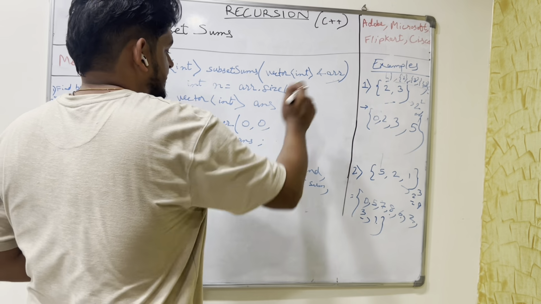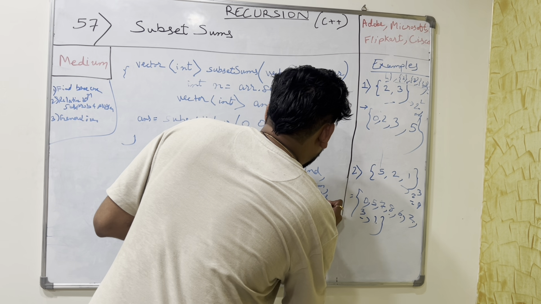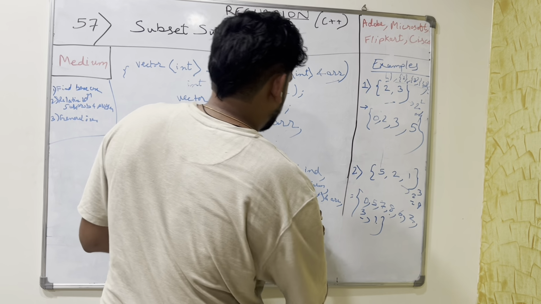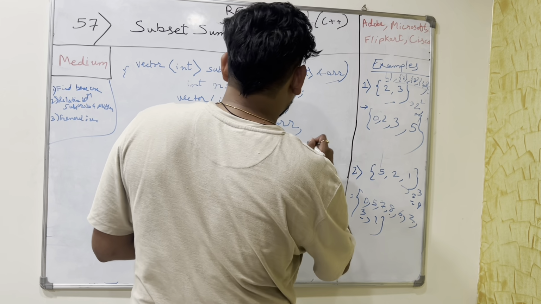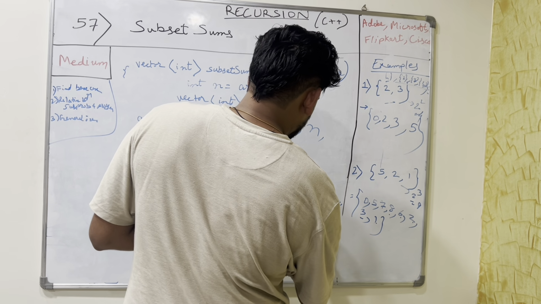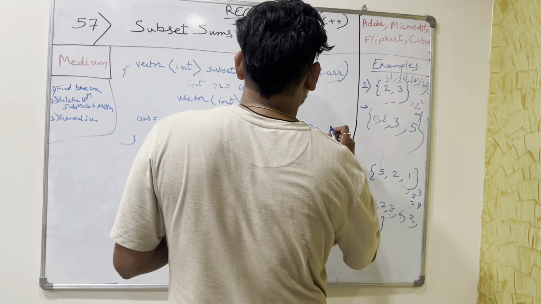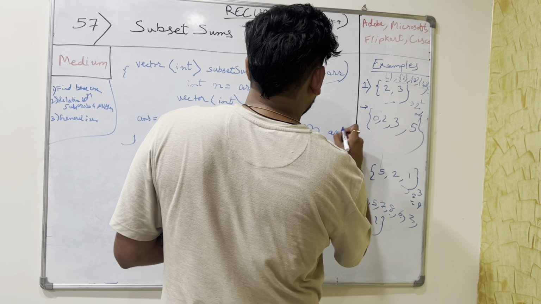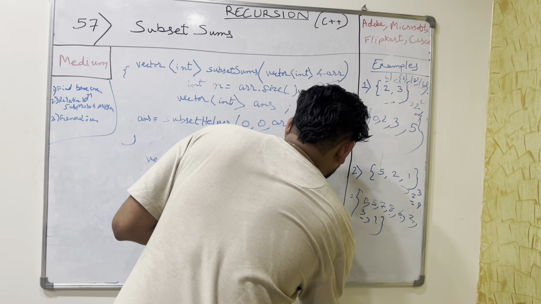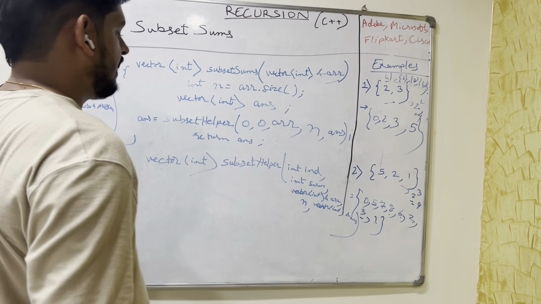Then we need the array, vector of int and array. Then we need the size, size is n, because we need to compare when the index becomes n, it would be our base case. And then we need this answer, so we will pass this. We can pass this in any order, no problem. Obviously, you know that it is vector int and answer. So this way we have declared our function.